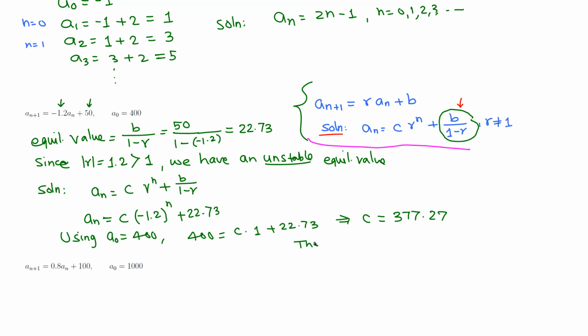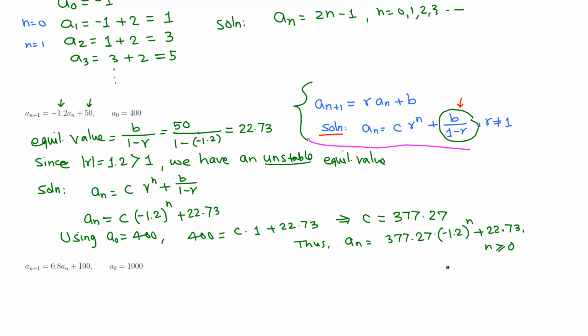Thus the final answer, just plug in the value of c. Thus a_n equals 377.27 times negative 1.2 raised to n plus 22.73 for all n equals 0, 1, 2, 3, 4, etc.